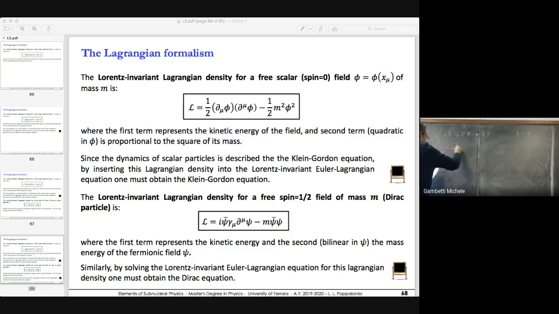It is the derivative of our density, i ψ̄ γ^μ ∂_μ ψ minus m ψ̄ ψ, with respect to ∂_μ ψ. This only affects the first part, and it is 0 on the other side because we don't have any derivative there. So this is just i ψ̄ γ^μ.